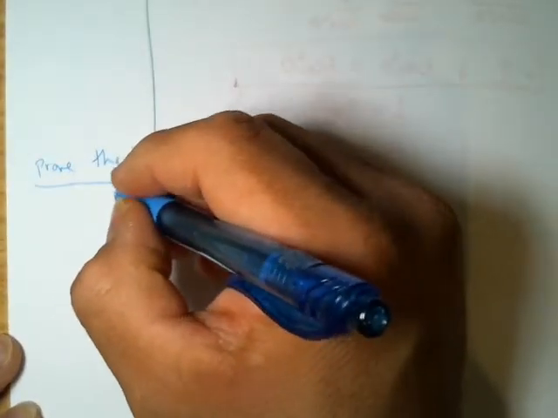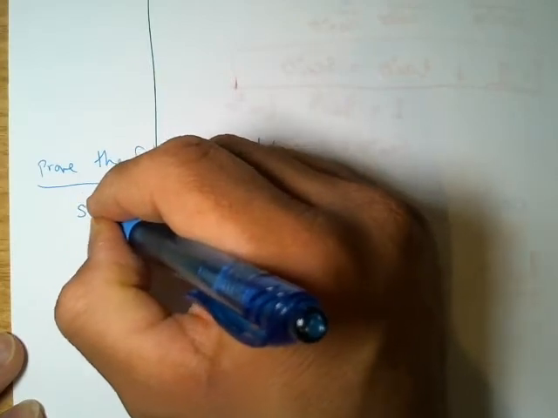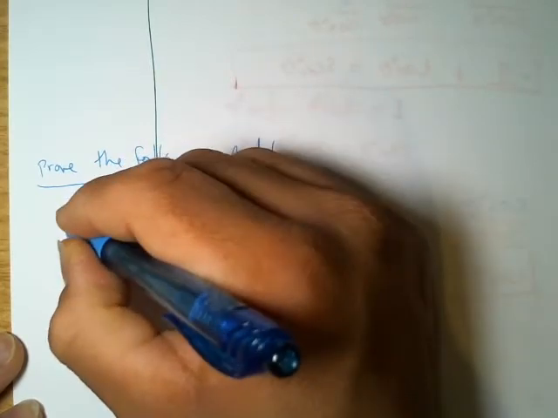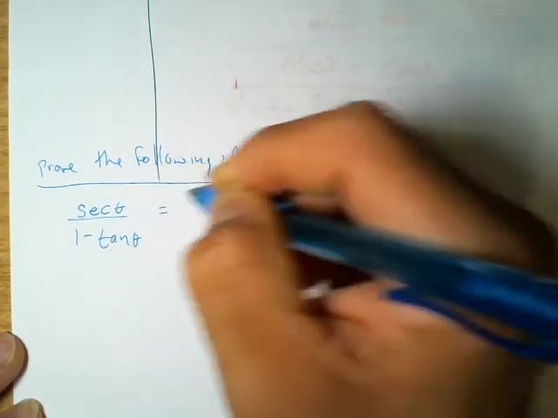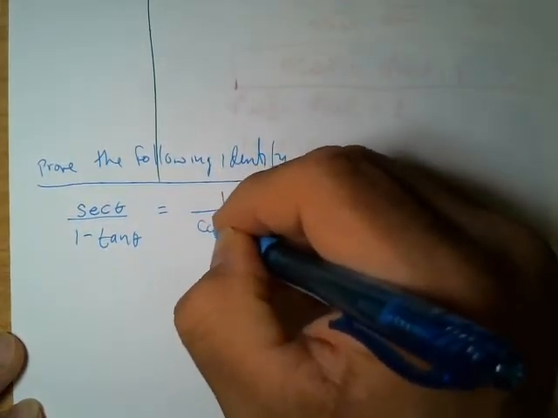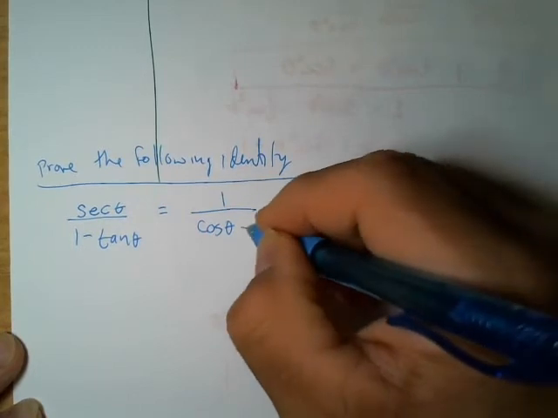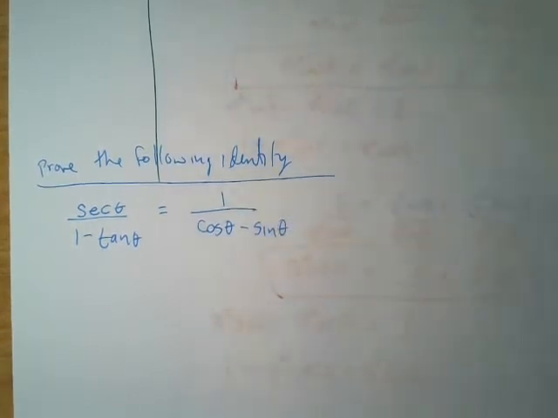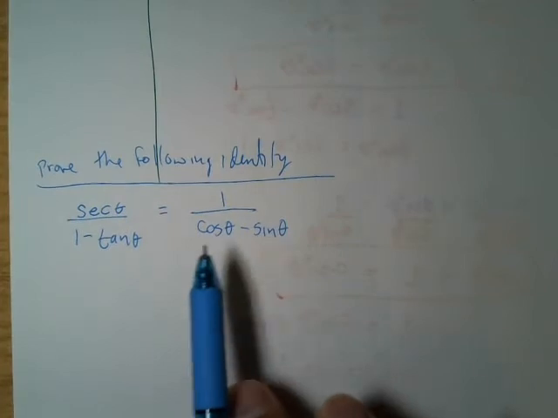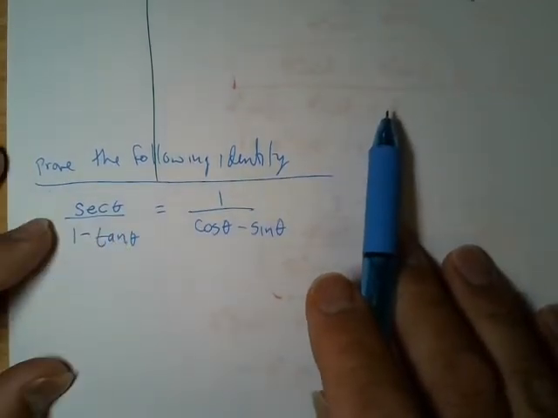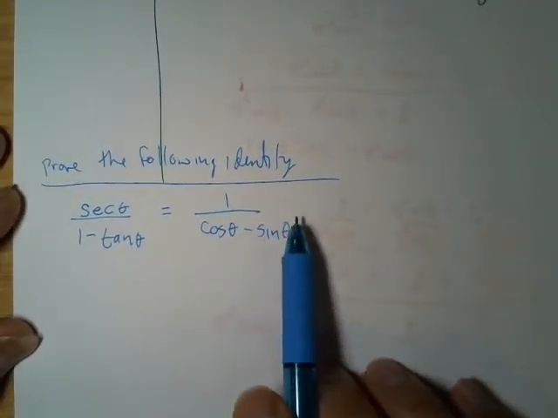And here we'll have secant of theta over 1 minus tangent theta is equal to 1 over cosine theta minus sine theta. Okay, so here I'm going to start over here on the left side, mainly because there isn't much that I could see here that I can do.